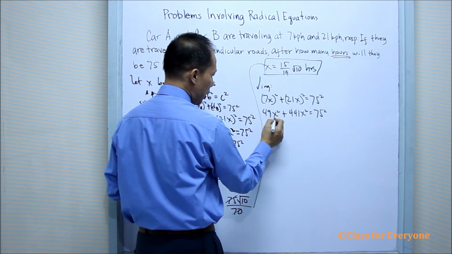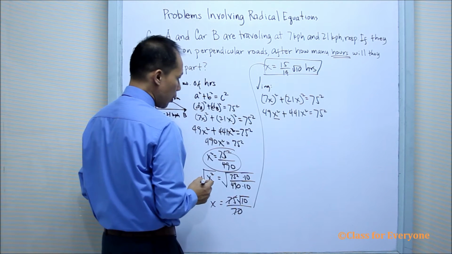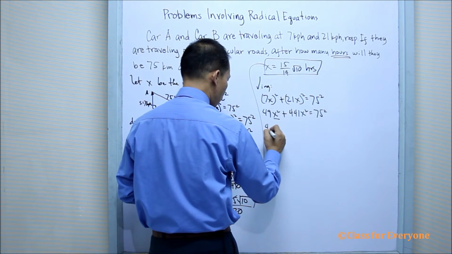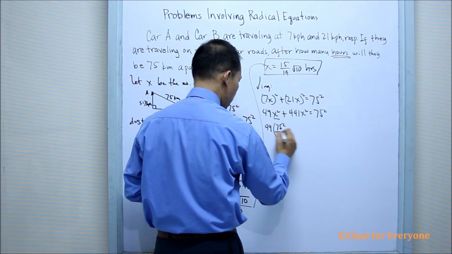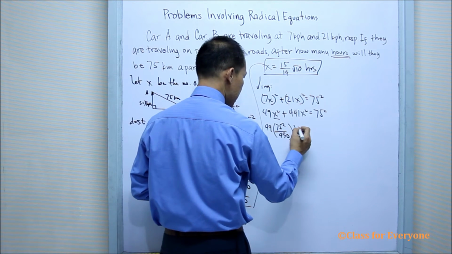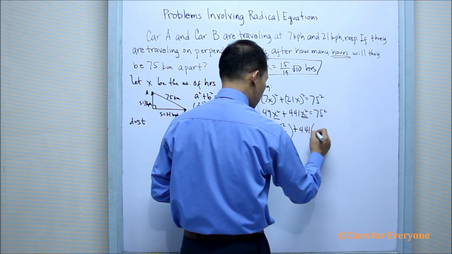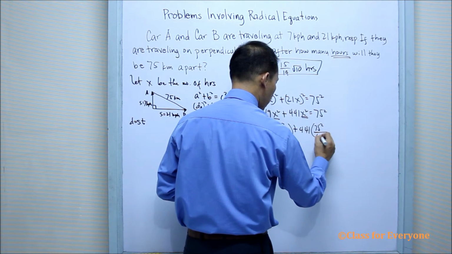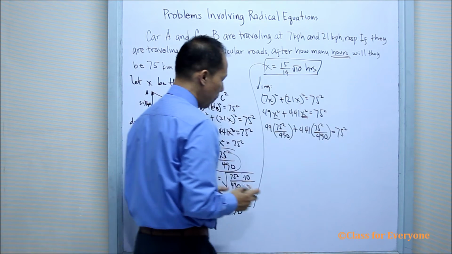We already know that this x squared is this, so we'll just substitute: 49 times 75 squared over 490, and then plus this one, 441 times 75 squared over 490 equals 75 squared.